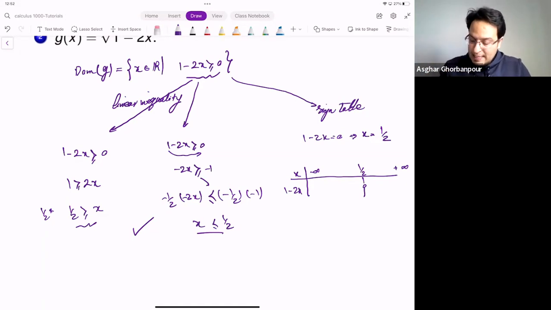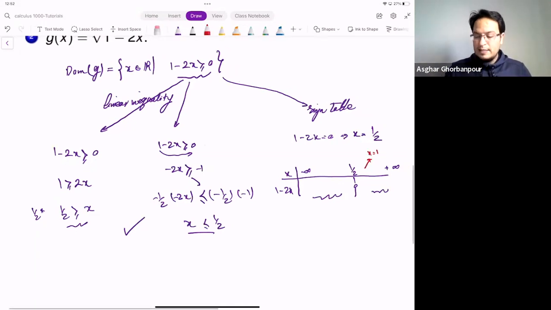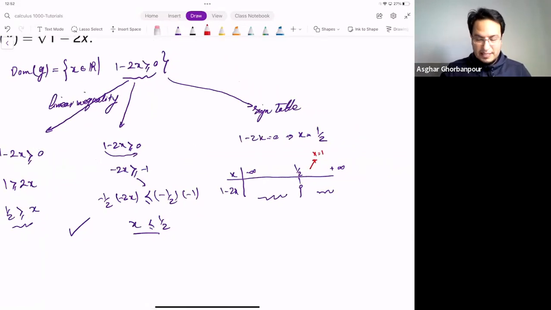Okay. But then to find the sign of your expression on each of the remaining intervals, you can pick any sample point. For example, I can pick here 1. See that 1 is a number bigger than half. Plug it into your expression. That's a negative number. If it is negative, the value of the expression in that interval is negative.